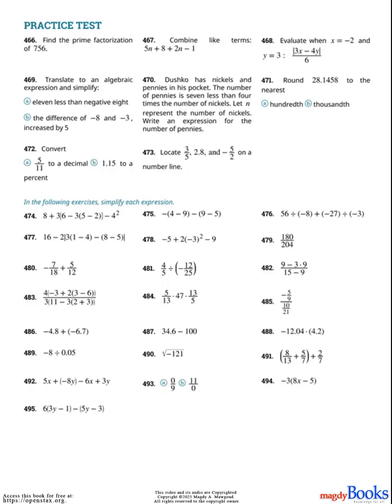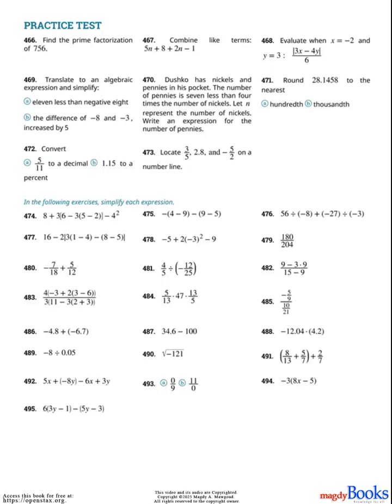477. 16 minus 2 times the absolute value of 3 times (1 minus 4) minus (8 minus 5). 478. Negative 5 + 2 times (negative 3) squared minus 9. 479. 180/204. 480.